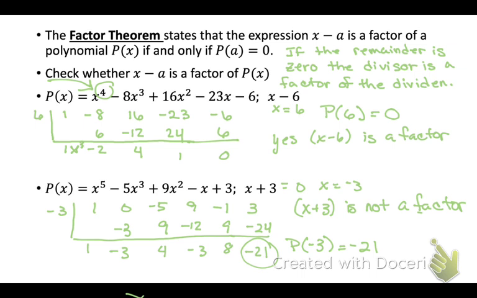But if I got it down to x squared, I always can factor or use the quadratic formula, correct? So the goal is to get this down to something that you can factor to find the rest of the zeros. So all this stuff is building to get us to graph these polynomials. And yes, that is it.